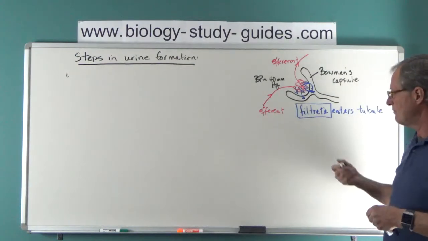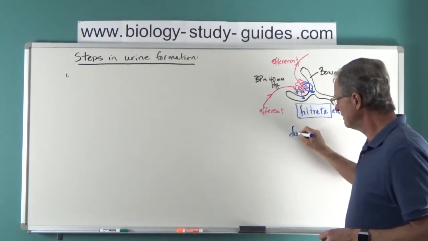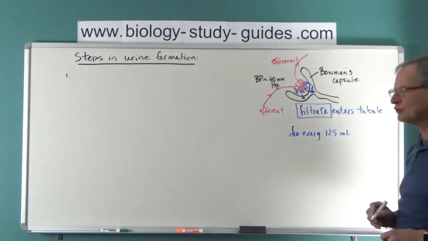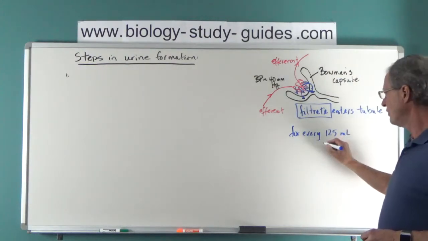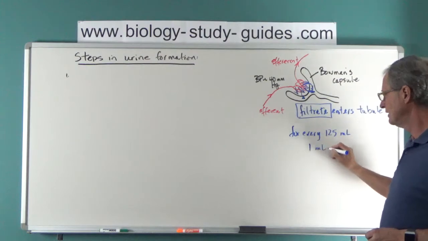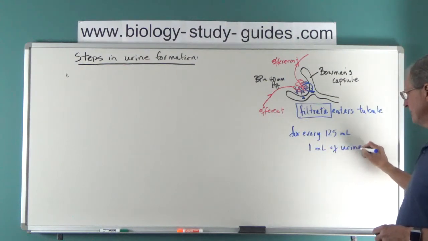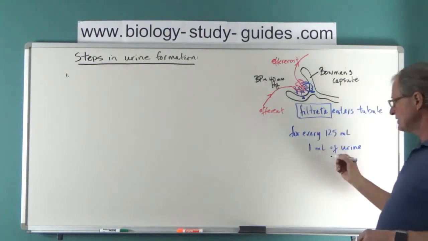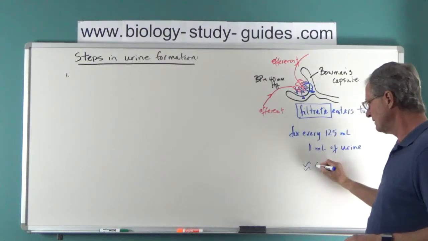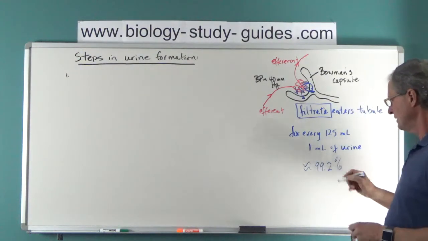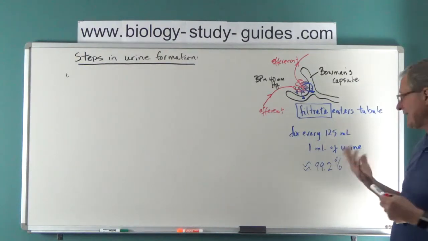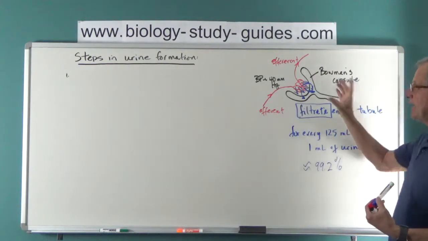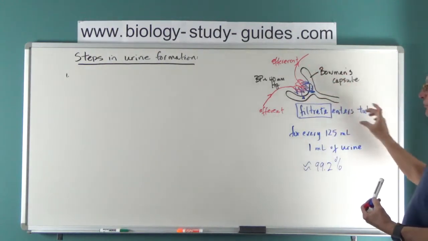In terms of the math, for every 125 milliliters of filtrate that gets produced, we wind up with 1 milliliter of urine. So all of that material gets filtered out. About 99.2% doesn't wind up in urine. 99.2% winds up getting brought back into the system, but not at Bowman's capsule. That's the process that occurs further along.